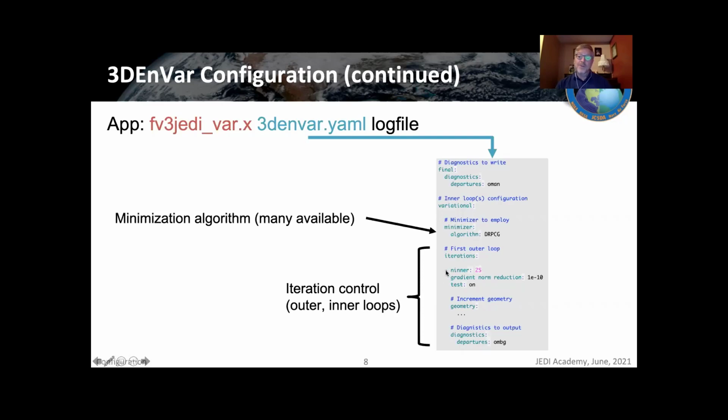So if you only see one of these dash elements here, you're defining one outer loop iteration with 25 inner loop iterations, and then different parameters for that inner loop iteration. If you wanted to put more outer loops, then you would put another dash and then say ninner 25 again, and just keep repeating this for each of the outer loops.